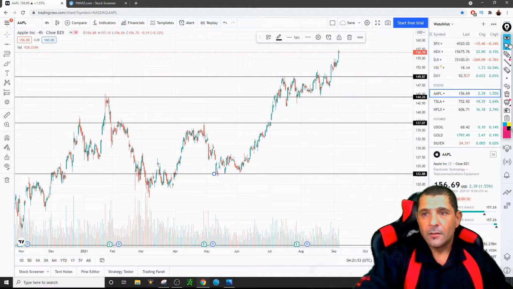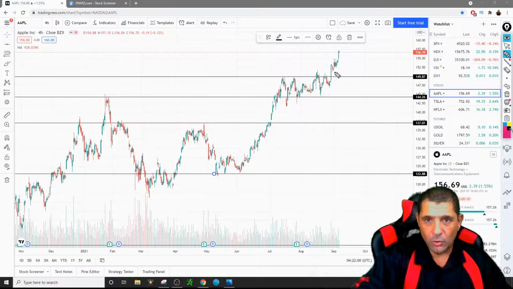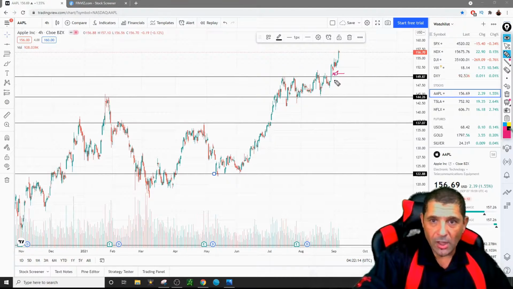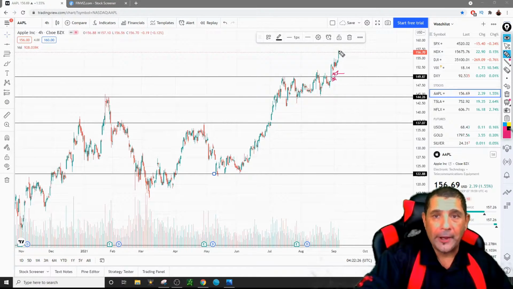If you'd like to buy a stock on a breakout, you should place an order right over here where the stock is going to break. You also need a stop loss order down here. So as soon as it breaks out, it picks up your order and goes higher.